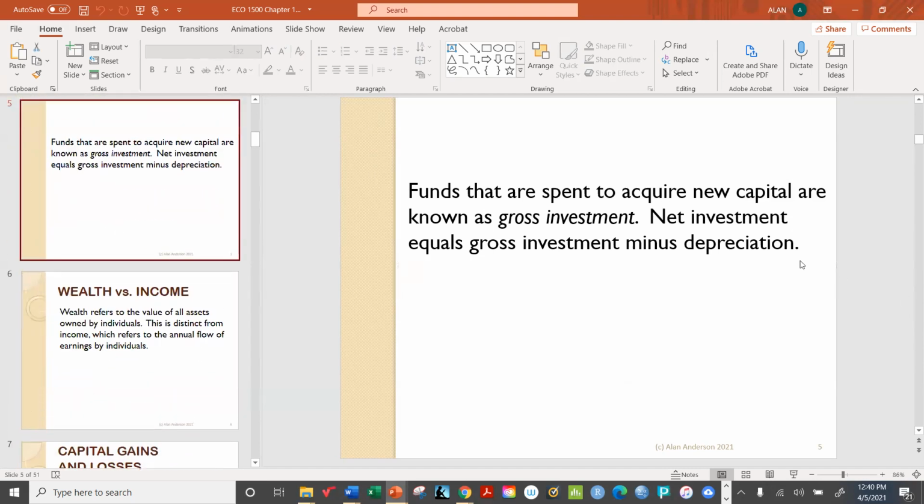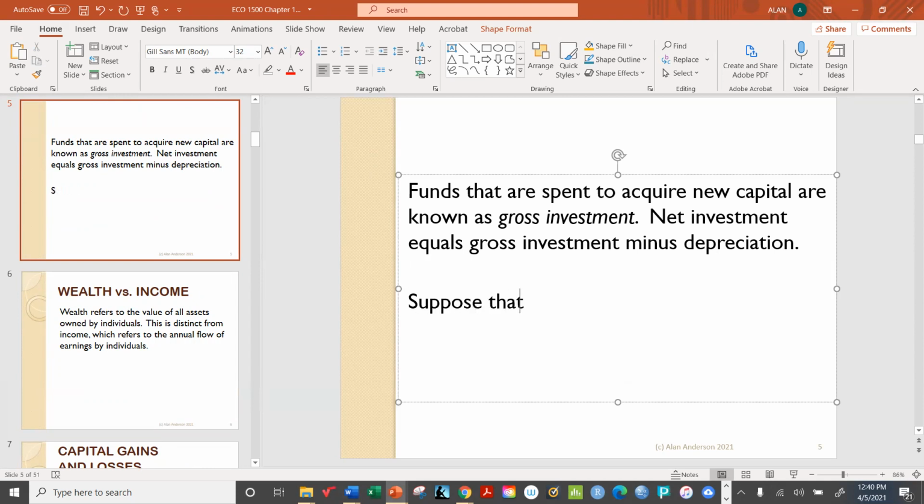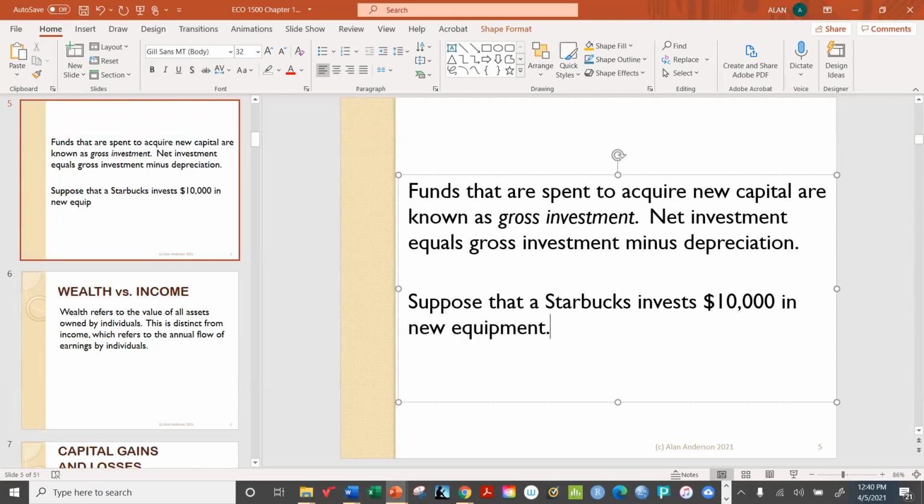In fact, let me just throw a quick example in there, just so you get the idea. So suppose that a Starbucks, let's think of a single small Starbucks, just one. Suppose that a Starbucks invests, and this is just a single store, so it's not a huge amount, $10,000 in new equipment. $1,000 of this is spent to replace a worn out blender.